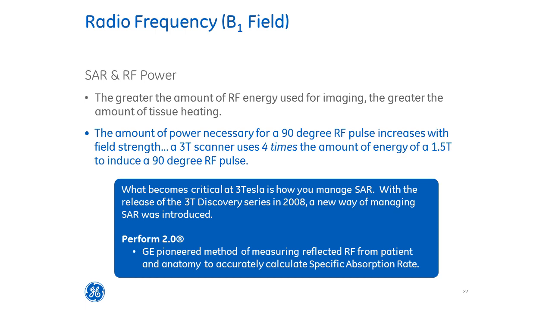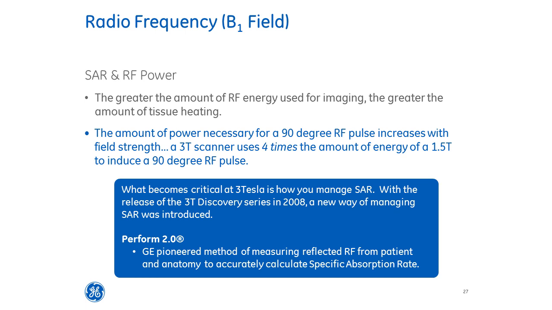So if we look at the amount of energy needed to flip the hydrogen protons in a 1.5 Tesla scanner, it would take 4 times that amount of RF energy to tip the protons at a 3 Tesla scanner, thus increasing the amount of SAR by a factor of 4, even though the field strength is only doubled. If we have determined that we can induce more SAR at higher field strength, it now becomes very important to understand how that SAR is managed.